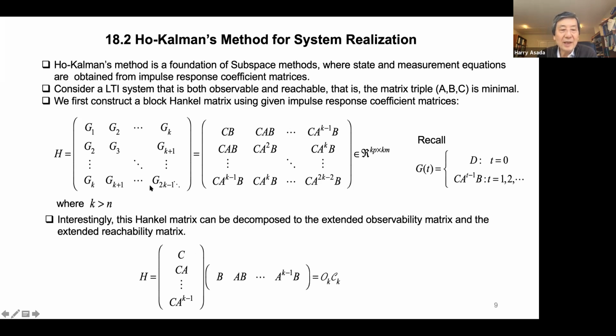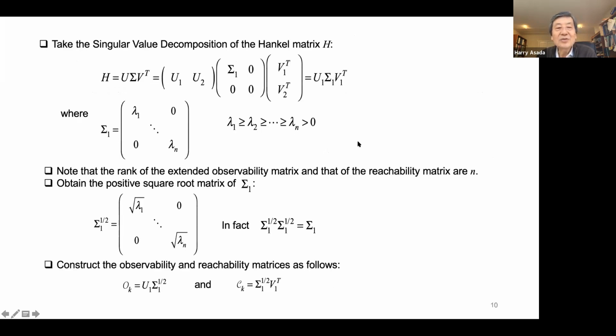So once you have a Henkel matrix, we introduce the singular value decomposition, and the diagonal matrix sitting in the middle we can split between this side and this side by taking the square root of it, a half sigma matrix. Half of it combined with U1 is the observability matrix. The other side is the controllability matrix.